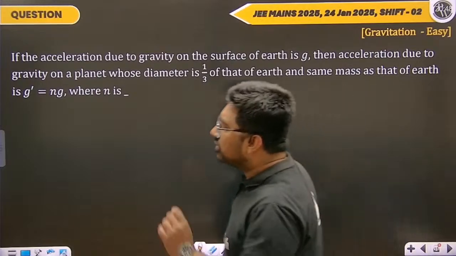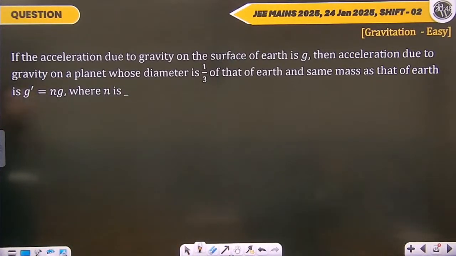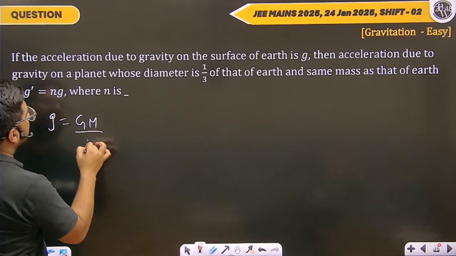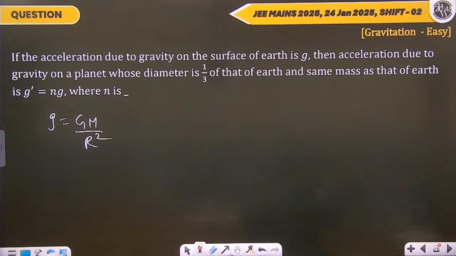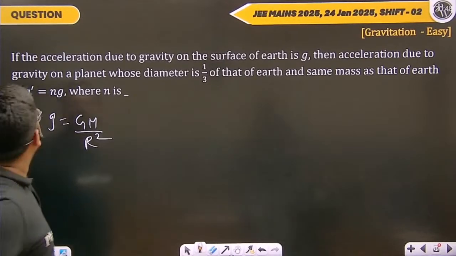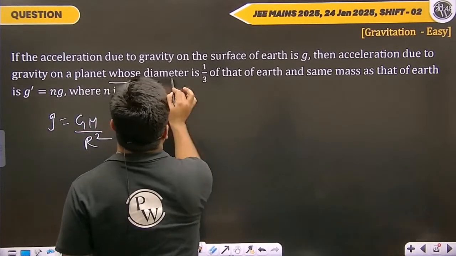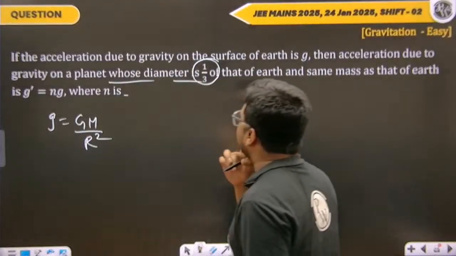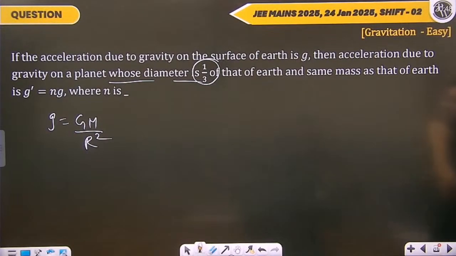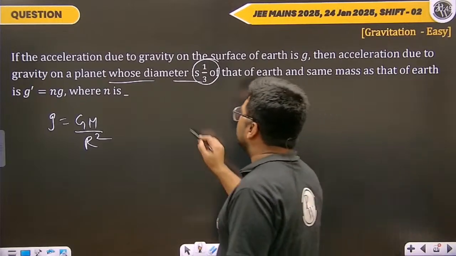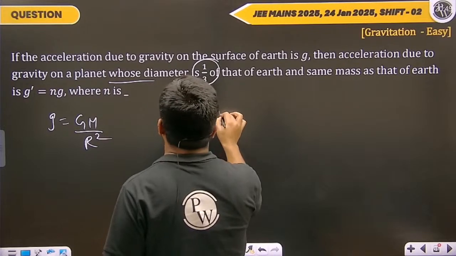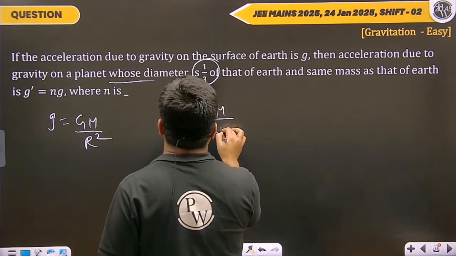This is a question from gravitation. We know that g is GM by R square. We have to calculate on a planet where the diameter is 1/3 of the Earth and the mass is the same as Earth.